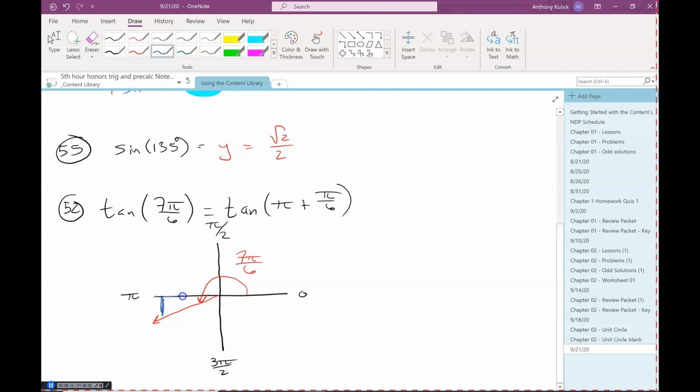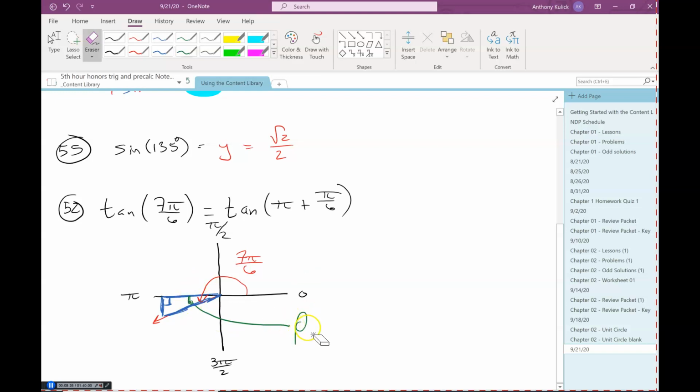So I'll make my reference triangle now. When I make my reference triangle, I'm always drawing my reference triangle back to the x-axis. It's critically important that you do that. You cannot draw it to the y-axis. You have to draw it back to the x. And then what I'm going to need to do is figure out what this angle is right here.